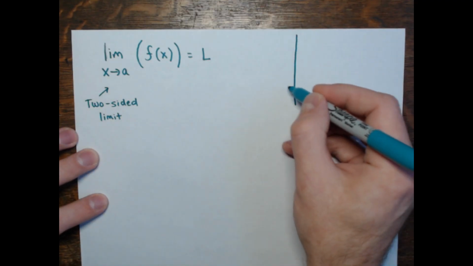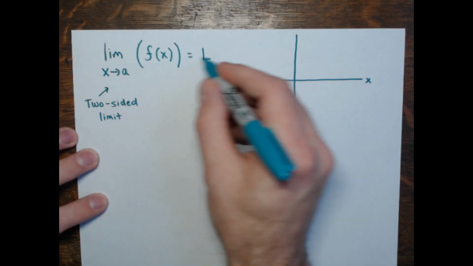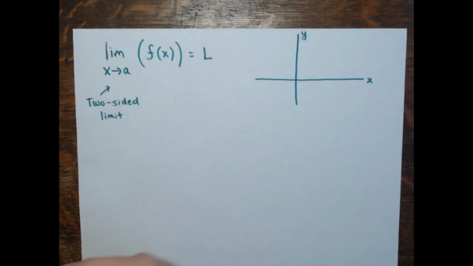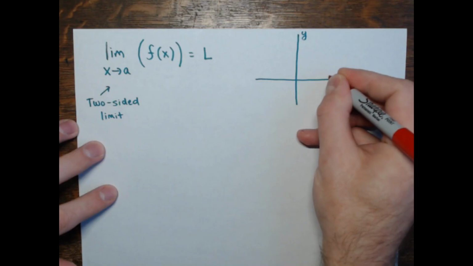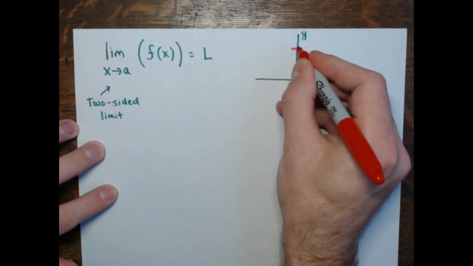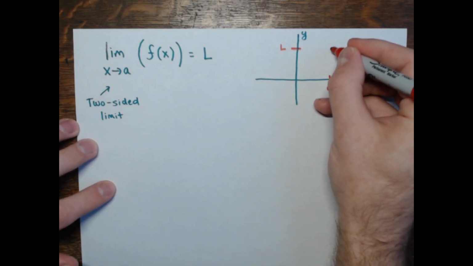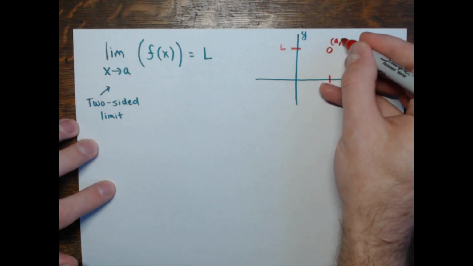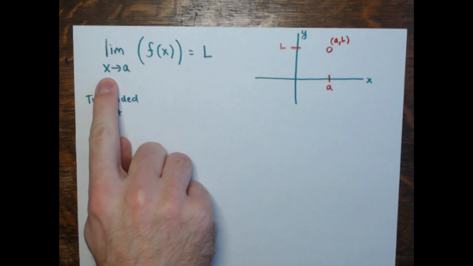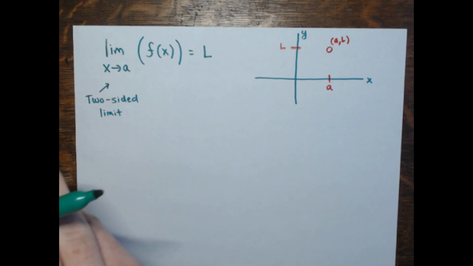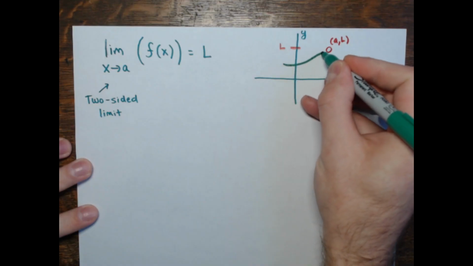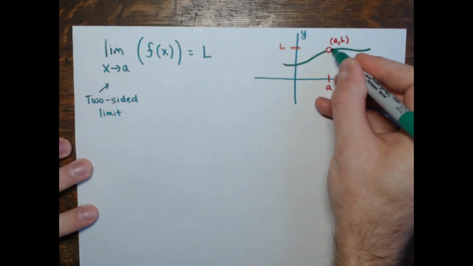And in the graph, what this means graphically, and we saw this earlier, is that as x approaches a, y will approach L or become L. There's this point a comma L, and the graph of our function with this notation approaches that location on both sides.